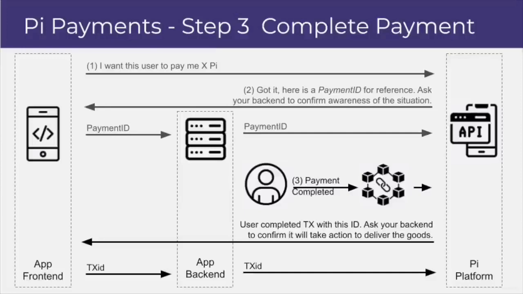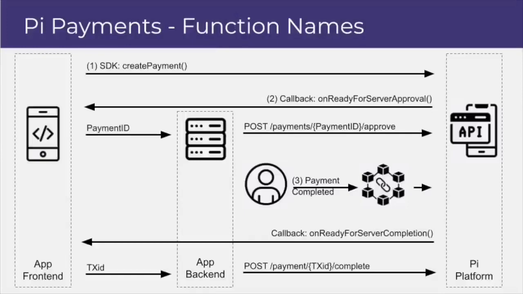Now, on the next slide, we are linking all of these concepts with technical terms that are used in our documentation and that are the actual function names and API endpoints that will have to be called in order to implement this. So number one, to create the payment is an SDK method.